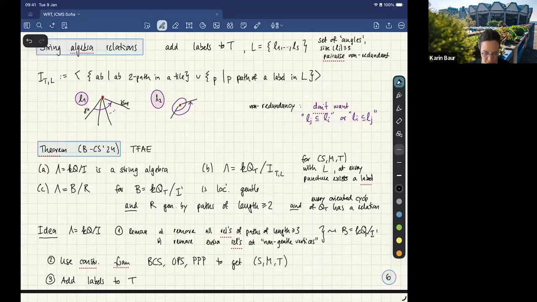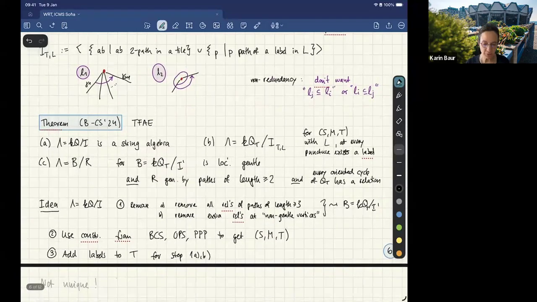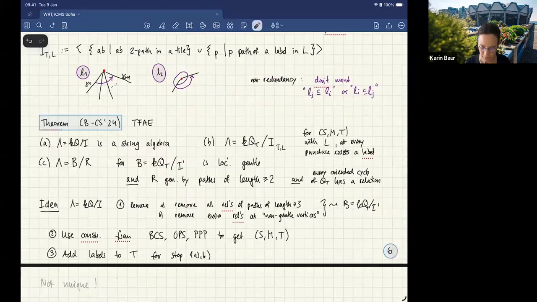And in the end, you have to add labels for all the relations that you had removed. So that's the idea how you show that this is true. This is not unique in general because there was a choice involved. And we will see this on the running example.